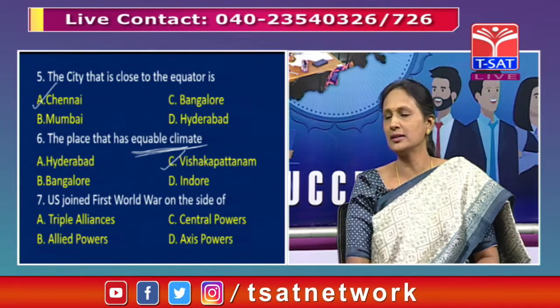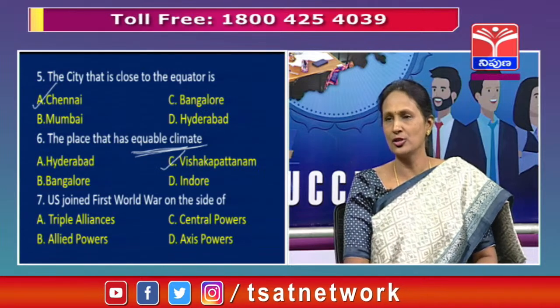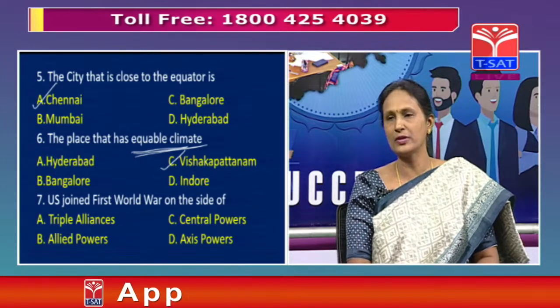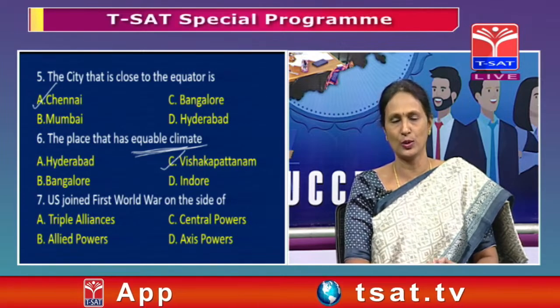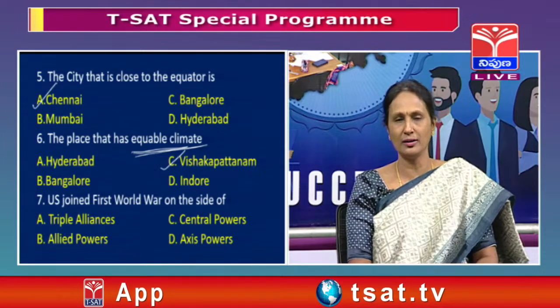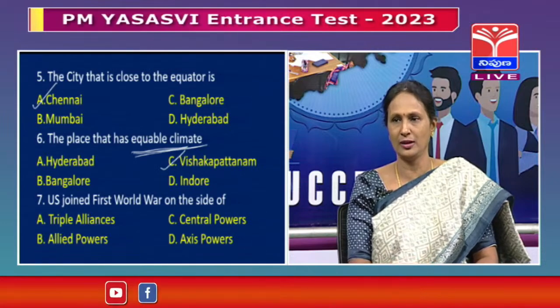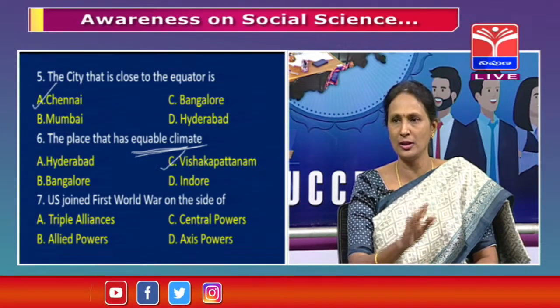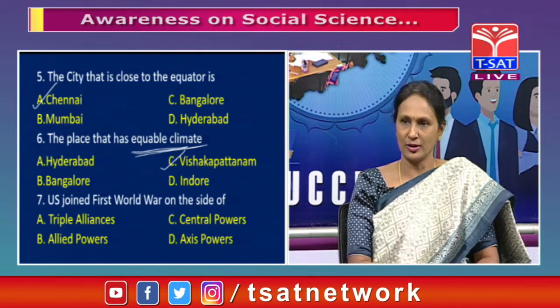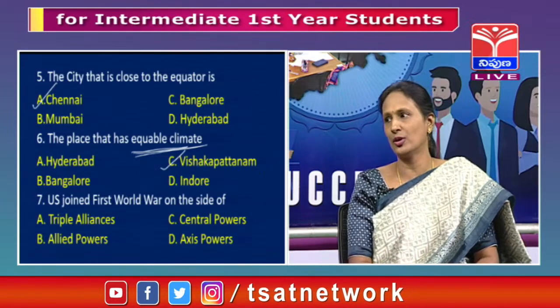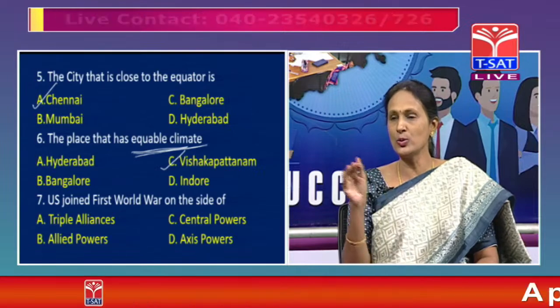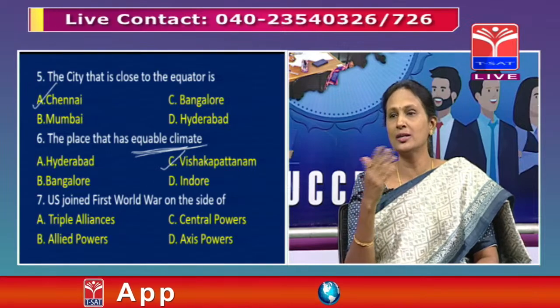In this case, it is the Allied Powers: the USA joined the Allied Powers and fought the First World War. And they should also know that the United States of America was not part of the war in the beginning. So why did it have to join the war? Why did it join the Allied Powers and not the Central Powers?